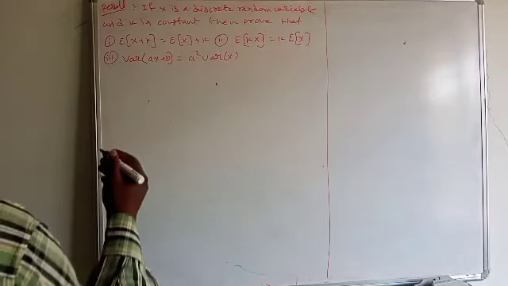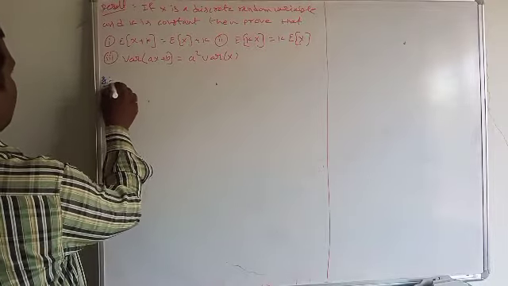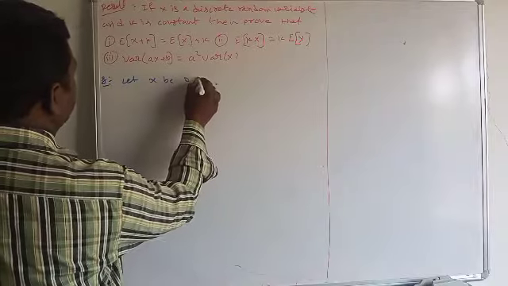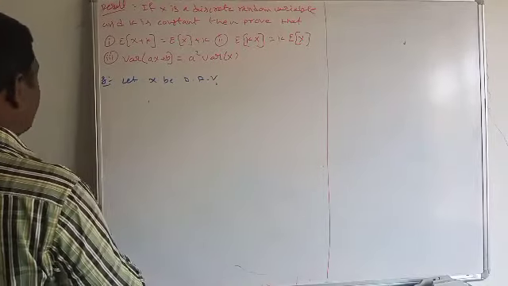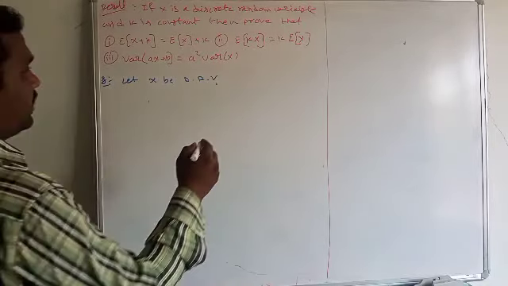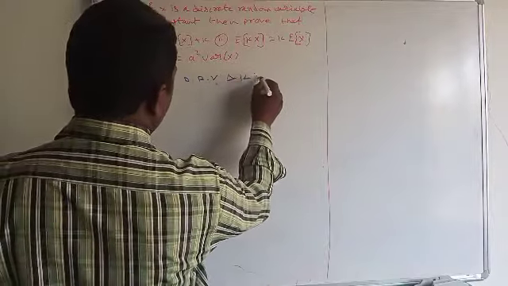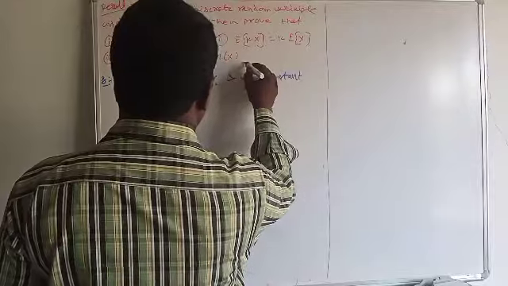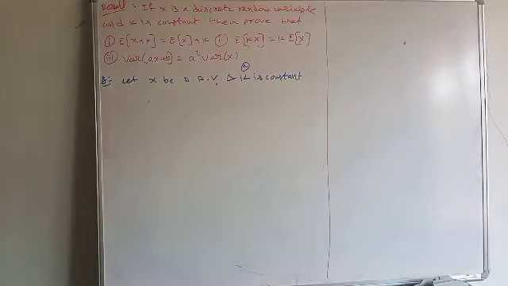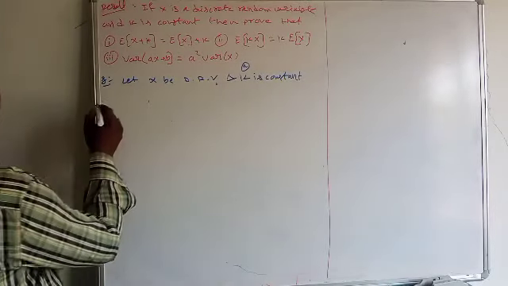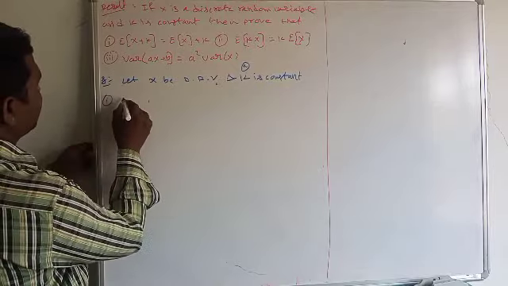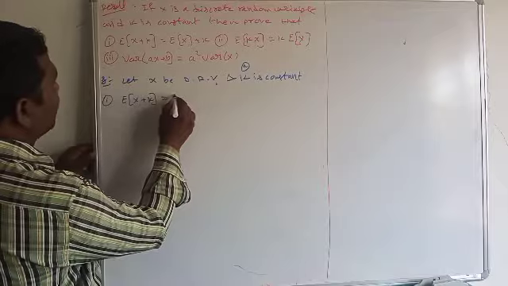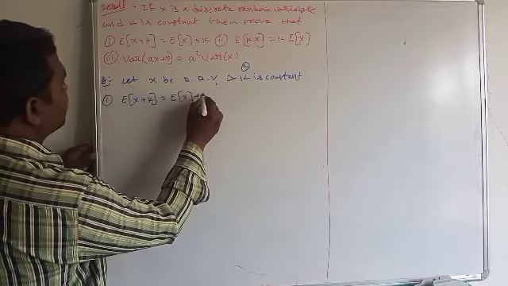Let X be a discrete random variable and k a constant. First you have to prove that the expectation of X plus k is equal to the expectation of X plus k.